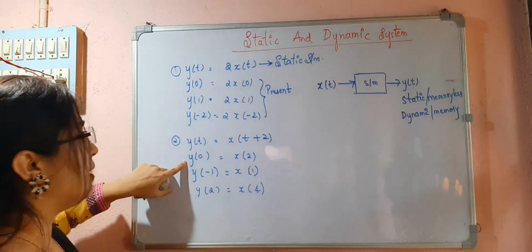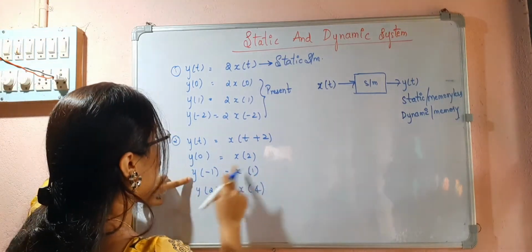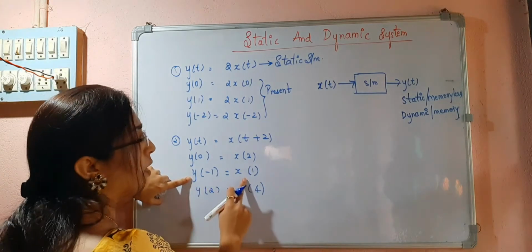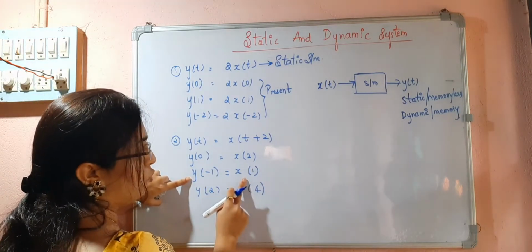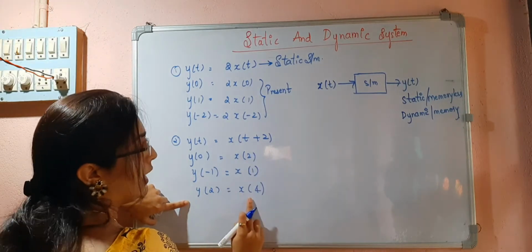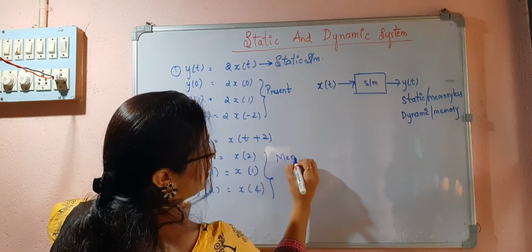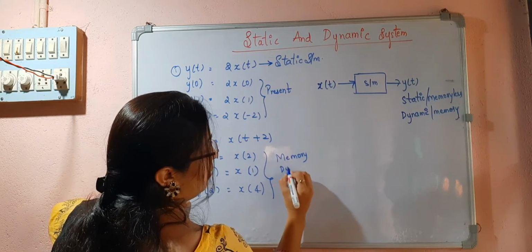So what happens? At t is equal to 0, it is depending upon the future value of the input. At t is equal to minus 1, once again it is depending upon the future value. And y of 2 is depending upon x of 4. So this becomes the memory system or the dynamic system.